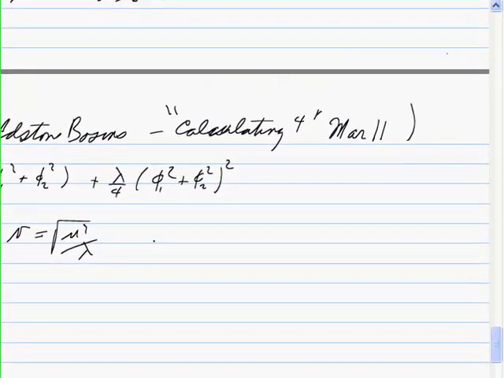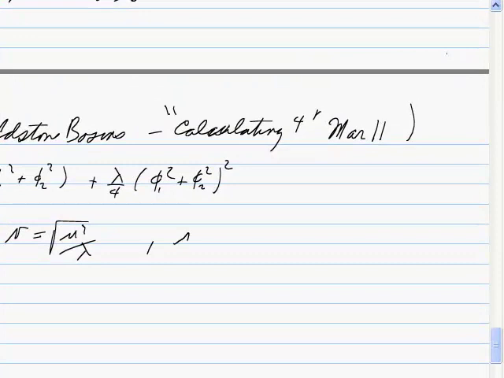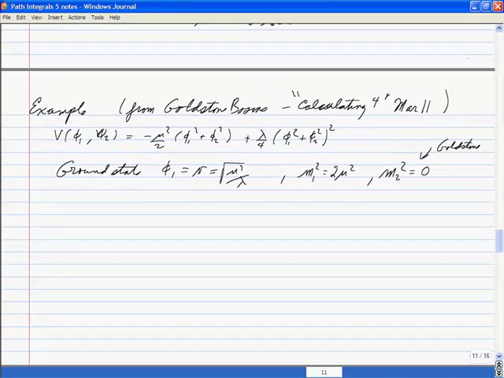And around this point, we expanded it and found that m1 squared was 2 mu squared and m2 squared was 0. So there was our Goldstone boson. Okay, so you've been doing this again in the homework. What we did back then, which was a long and painful calculation, was we did the scattering amplitude.